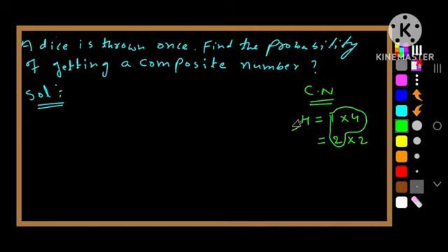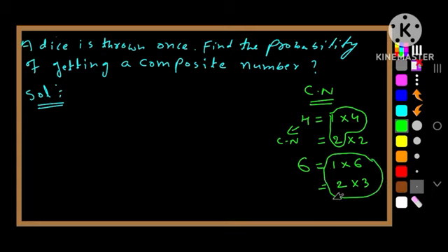So 4 is a composite number. Similarly, if I take 6, the factors of 6 are 1 and 6, 2 and 3. So here you can see there are 4 factors. So any number which has more than 2 factors is known as a composite number.